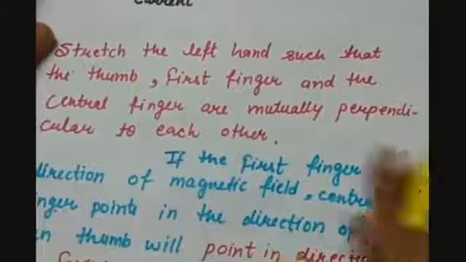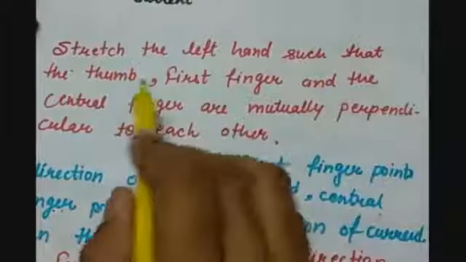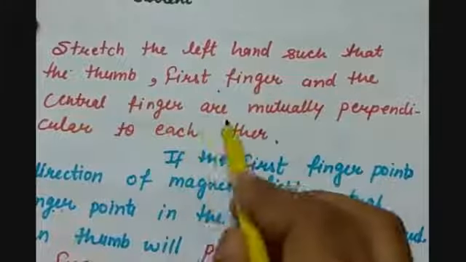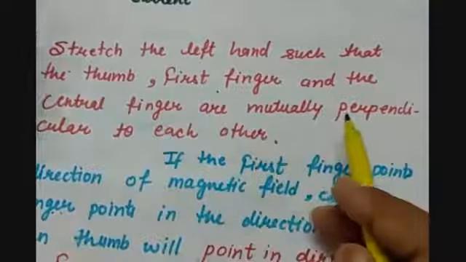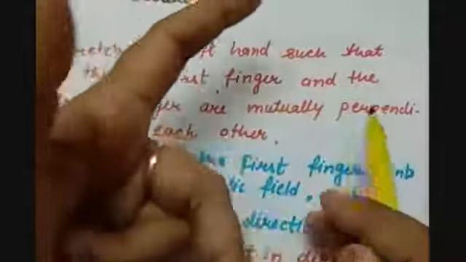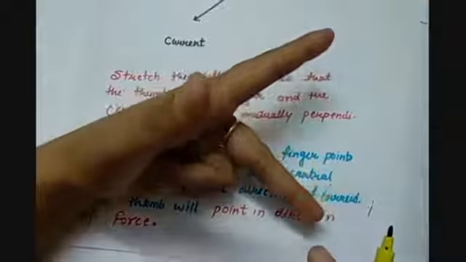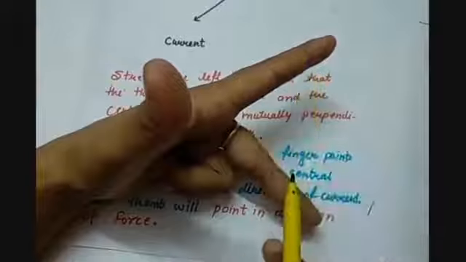It says: stretch your left hand in such a way that the thumb, first finger and central finger are mutually perpendicular to each other. So this is our left hand. This is how you have to do it with your left hand, thumb, first finger and central finger.